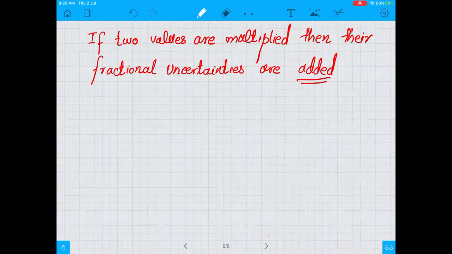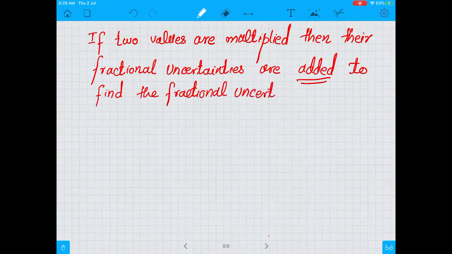So if two values are multiplied, then their fractional uncertainties are added to find the fractional uncertainty of the answer.